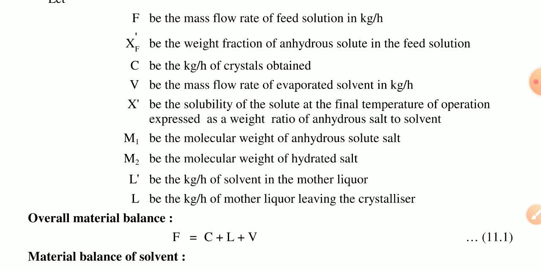F is the mass flow rate of the feed solution in kg per hour, and X dash F is the weight fraction of anhydrous solute in the feed solution. L is the kg per hour of mother liquor leaving the crystallizer, and V is the evaporated solvent.